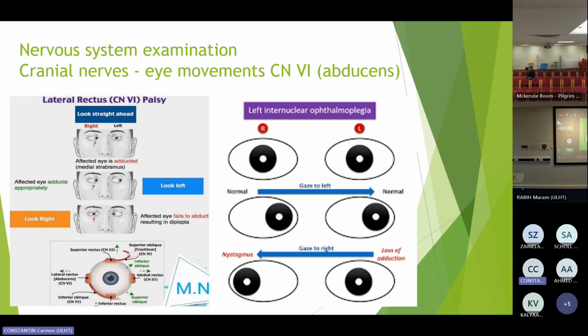But when the patient is, for example, asked to look at the right, you can see that the left eye is not doing the movement, so it's losing adduction. This is typical internuclear ophthalmoplegia, and actually is a palsy of the abducens, the sixth cranial nerve.